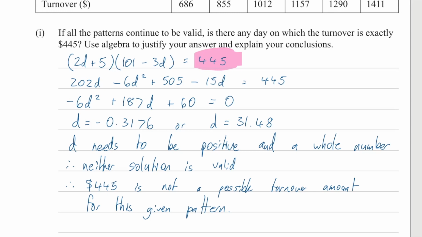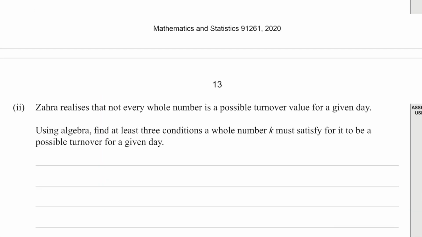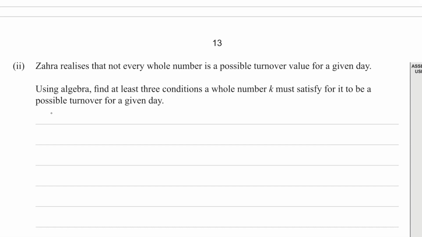In solving it, we'll realize that certain things need to be in place for it to become a whole number. So 2d plus 5, the price of a zip, and 101 minus 3d, the number of zips sold, will give us the turnover.